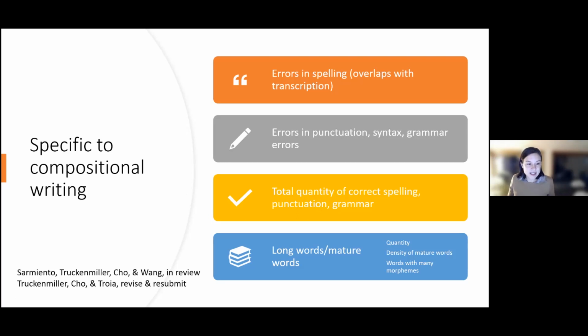Has anybody heard of using the 6 traits model of scoring writing? We found that this score, this total quantity of correct spelling, punctuation, and grammar, predicts reading comprehension better than 6 traits, like way better than 6 traits. So that was a shock.